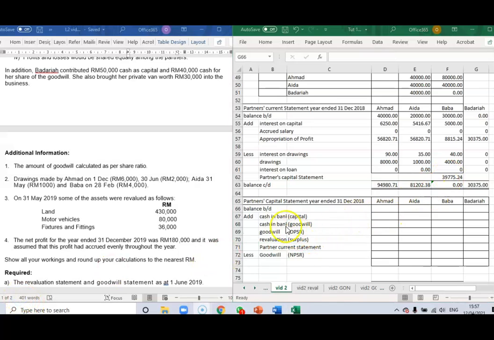So at the partner's capital statement for Baba, you need to add this amount and you put it here.